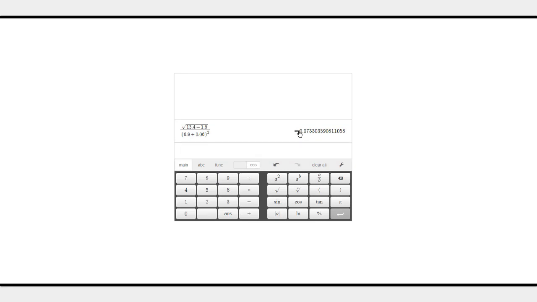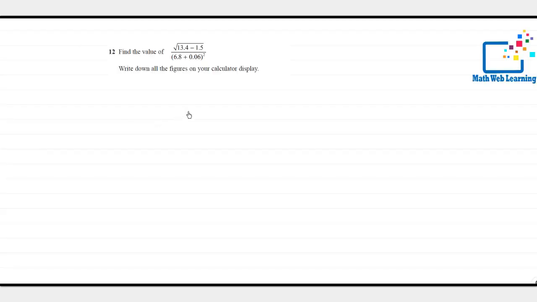If I could copy this, I believe I can copy. No, it doesn't do that. Okay, but I'm gonna go back to my board and I'll write it down. I got it in my calculator anyway, but just to show you how you do it.